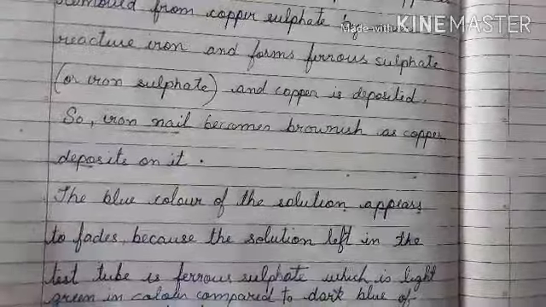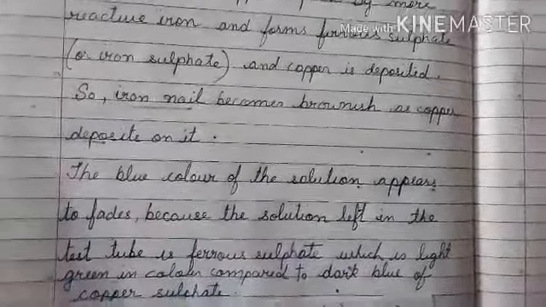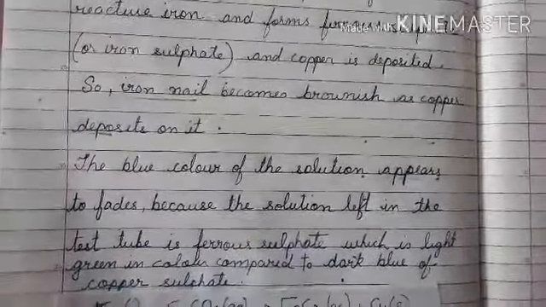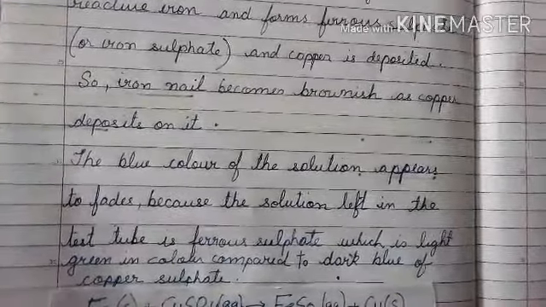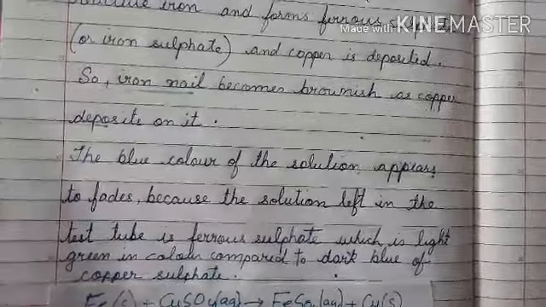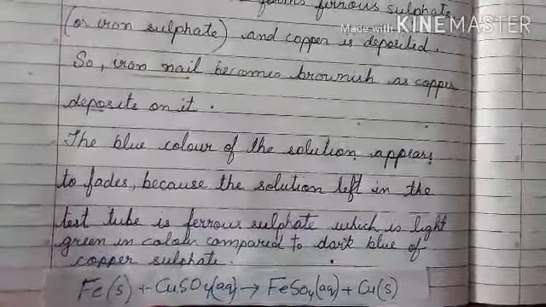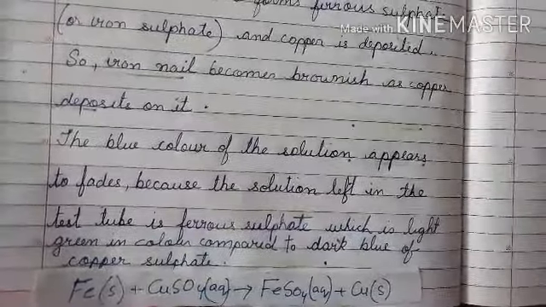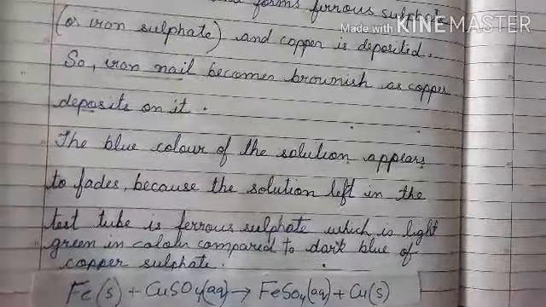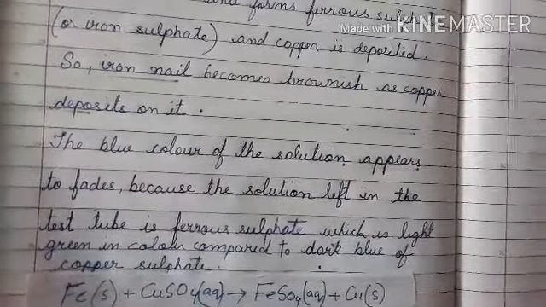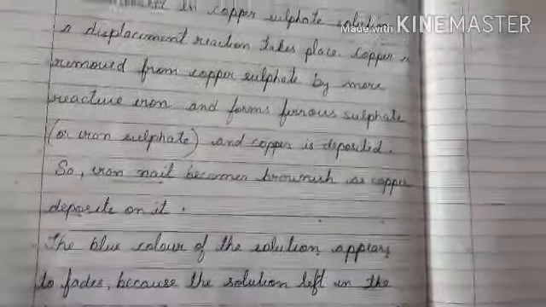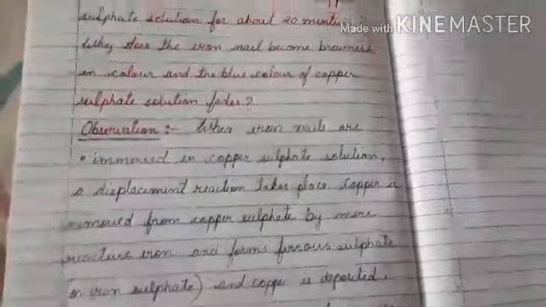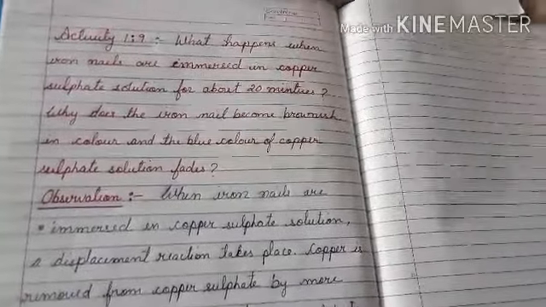The blue color of the solution appears to fade because the solution left in the test tube is ferrous sulfate, which is light green in color compared to the dark color of copper sulfate. Fe plus CuSO4 gives FeSO4 plus Cu. So this was your activity 1.9.